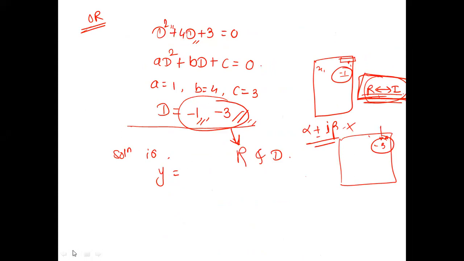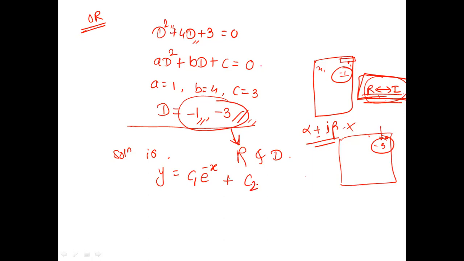y is equal to, for the first root -1, it goes to the power of e raised to -1 x, and it has the constant c1. c1 e raised to -1 x. Plus, can you tell me the second part?